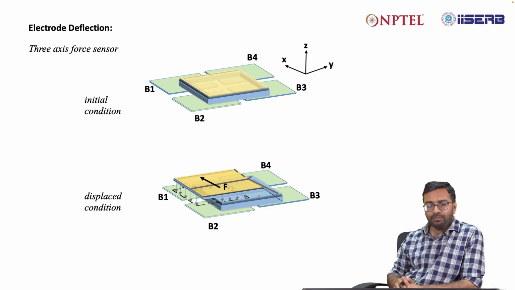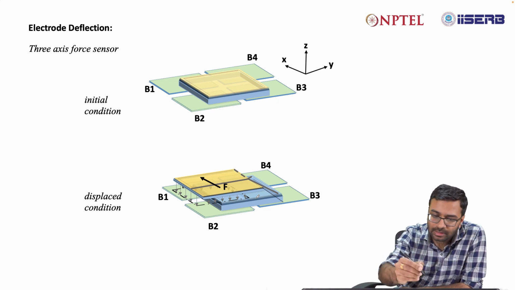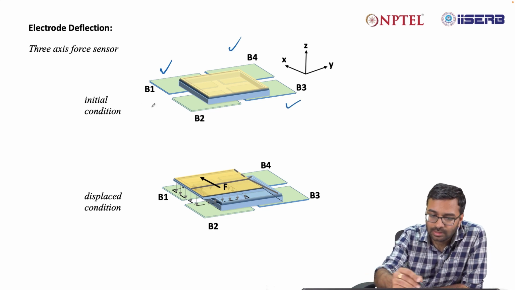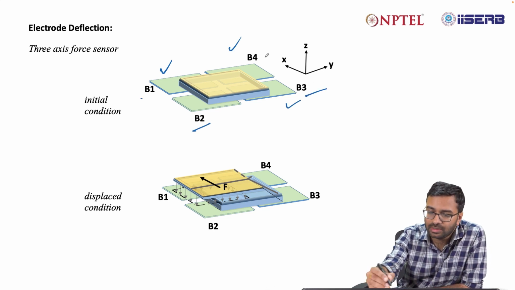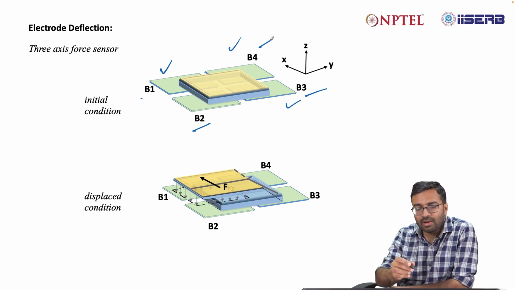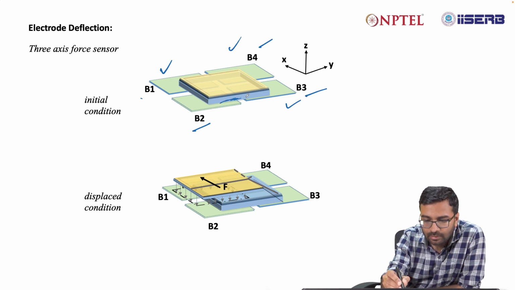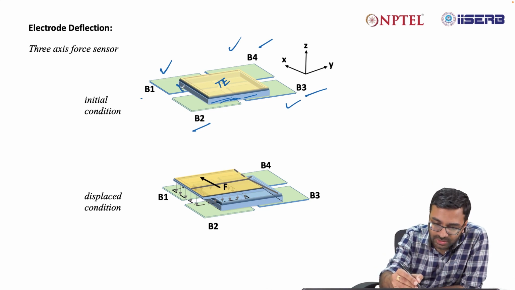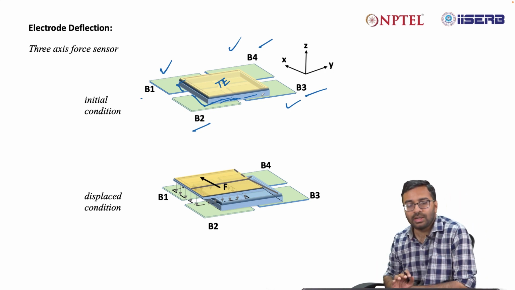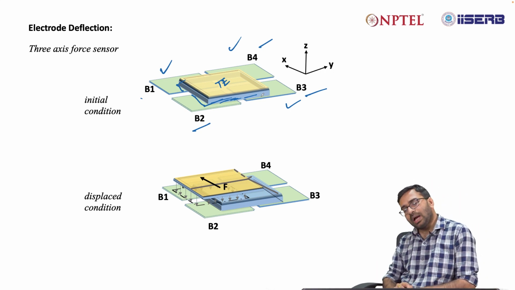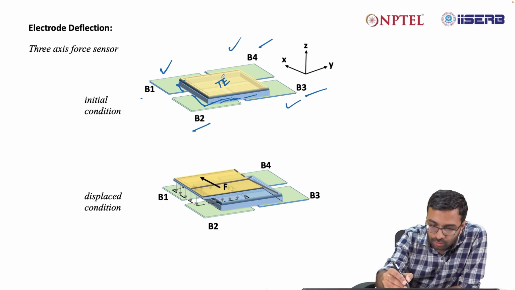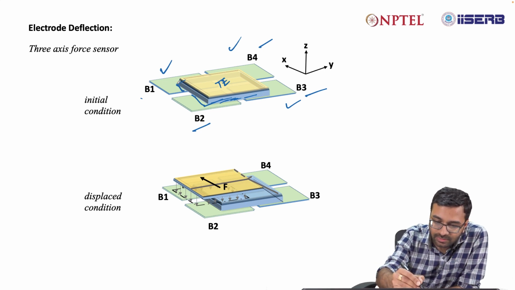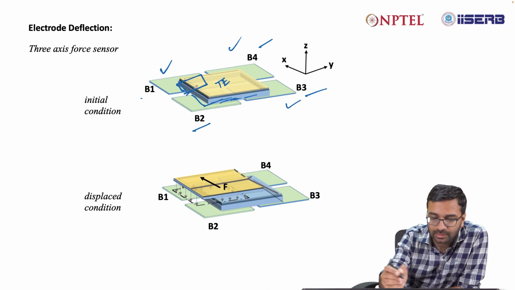Say you have an arrangement where you have 4 different bottom electrodes, B1, B2, B3 and B4. Then you have a dielectric material in the middle, this one, and then you have a top electrode. Now the top electrode is partially creating overlap with all these 4 electrodes. If you start measuring capacitance between the top electrode and B1, you will find there is a capacitance value because of this overlapping region.